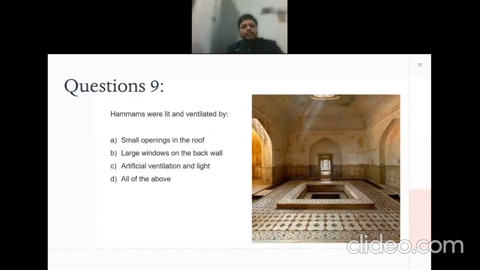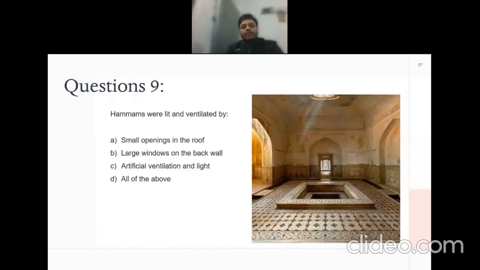Sorry, it's the public bath area, that was my mistake. We have designated sections for men and women separately. There were some personal hammams also, but it was originally built as a public bath area, and it is mainly found in Muslim architecture, meaning Muslim buildings.